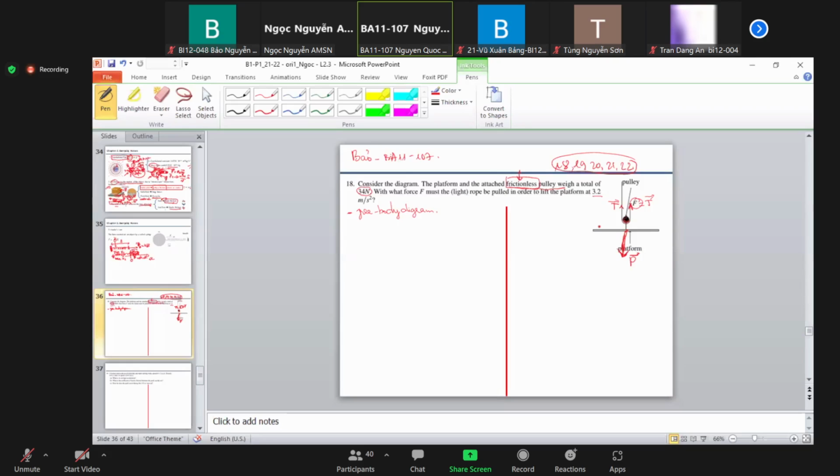So we have the function m multiplied by a, where m is the mass of the platform, is equal to 2 multiplied by the tension force T minus P. So we put it to the OX and OY coordinates.